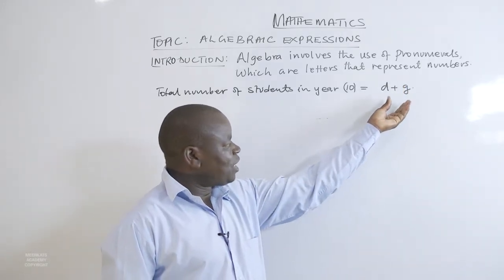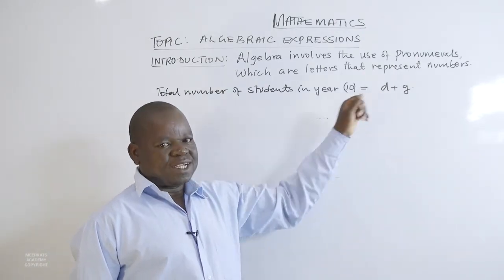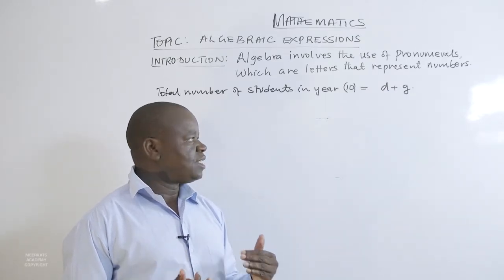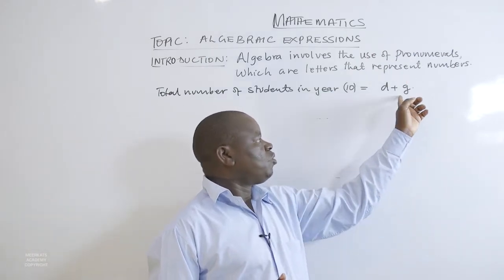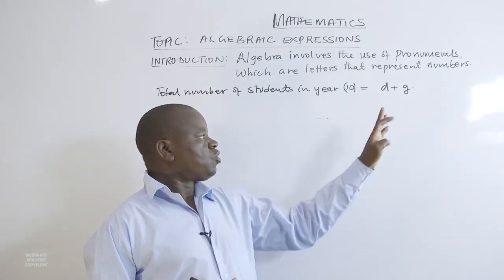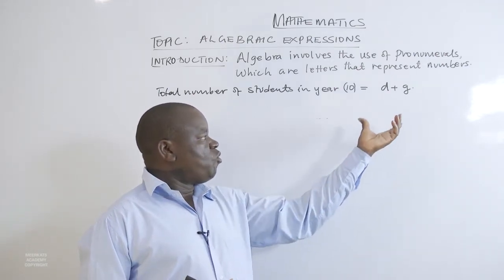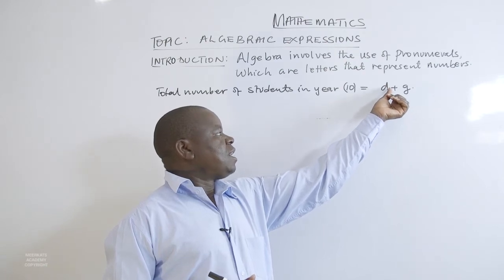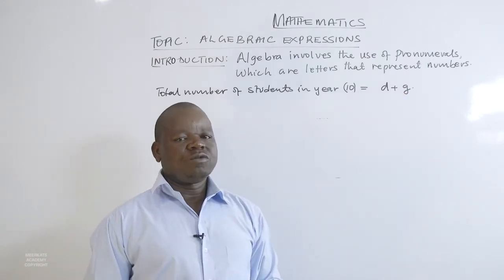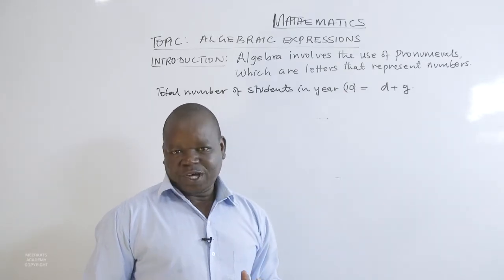And this is known as an algebraic expression, because we don't know the numerical value of the number of boys in this class. We are just being told that the number of boys is D, and similarly we don't know the numerical value of the number of girls. We are only told it is G. So to get the total number of students, we basically add D plus G, of which we have not been given the numerical value.